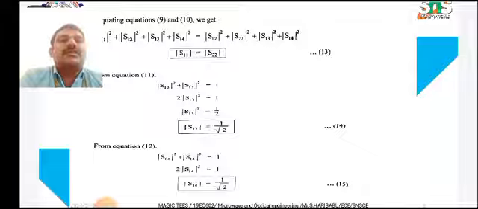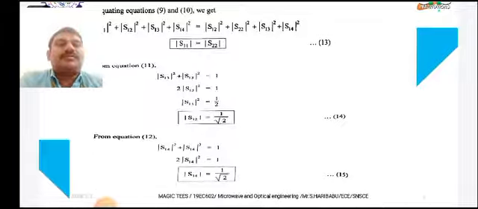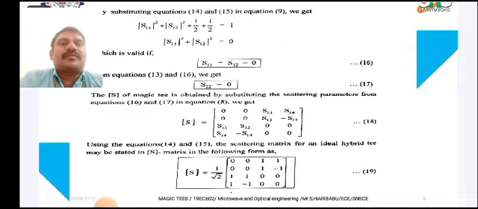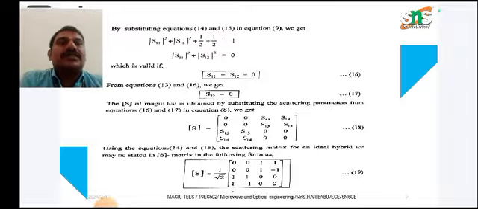So S13 is equal to 1 by root 2. Similarly for S14. By substituting the equations, finally we get S12 and S11 equal to 0 from the above equations. And also from equations 13 and 16 we get S22 is equal to 0.